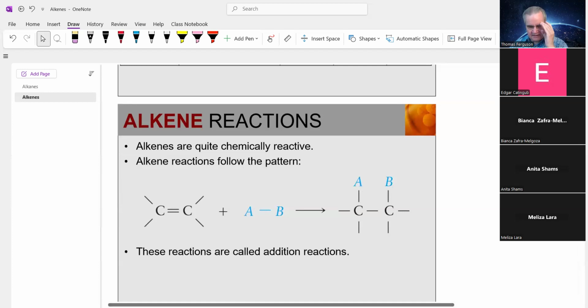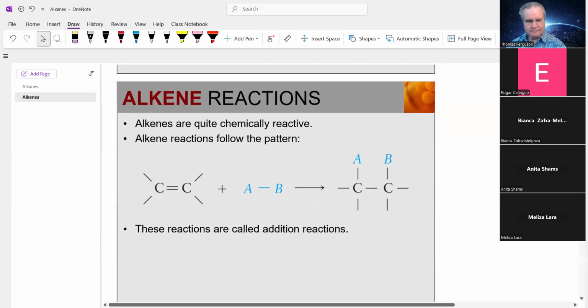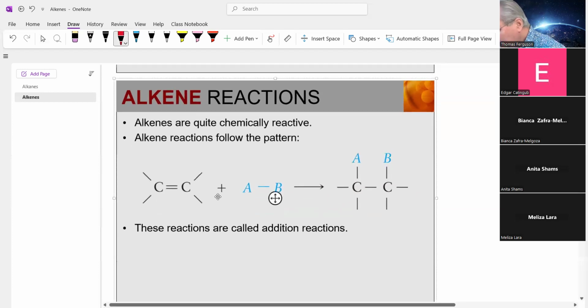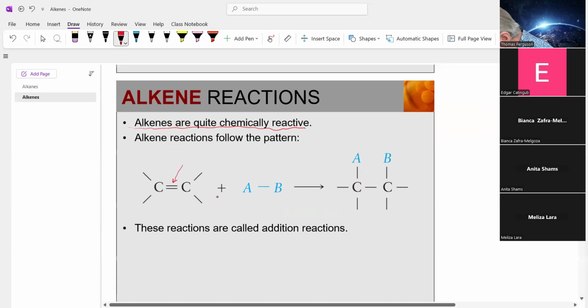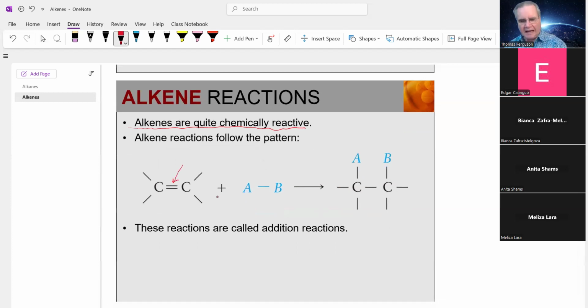Now, what gets interesting are the reactions. This is a very important statement here. Alkenes are quite chemically reactive, and it has to do with this double bond. One of the bonds is very stable, and the other one is not.